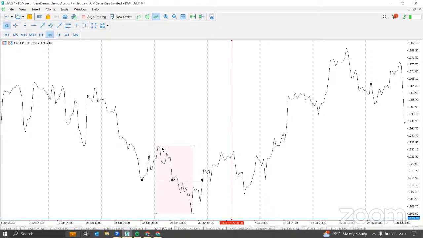Now, for us to see a change in trend, anything between this high point over here and this low point over here is just internal structure.